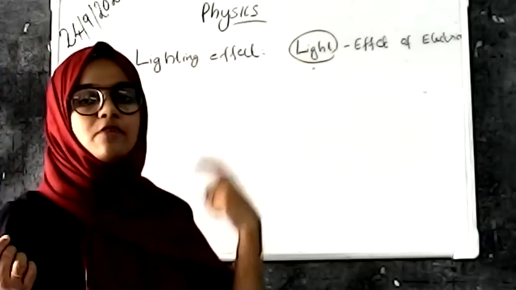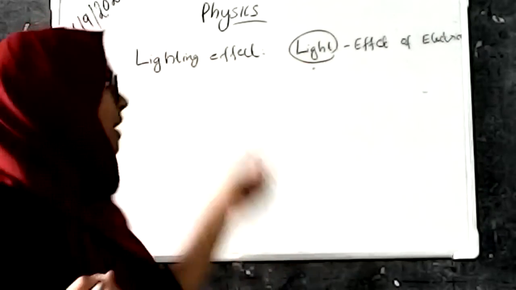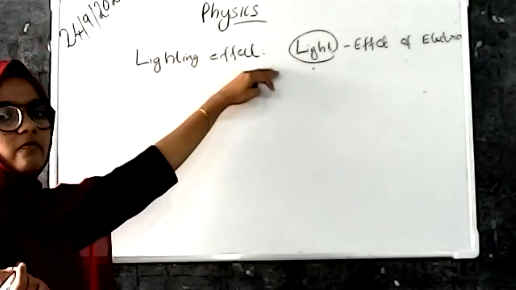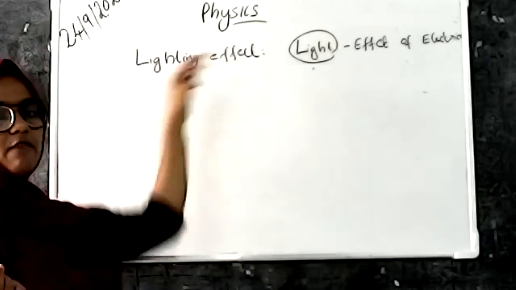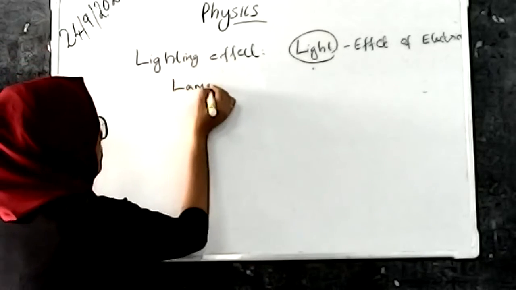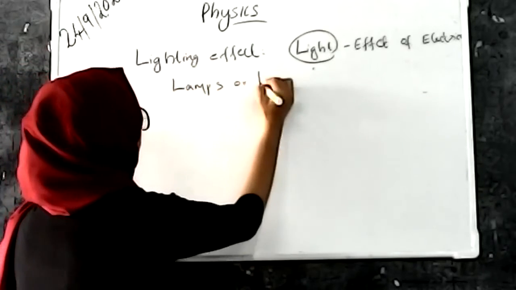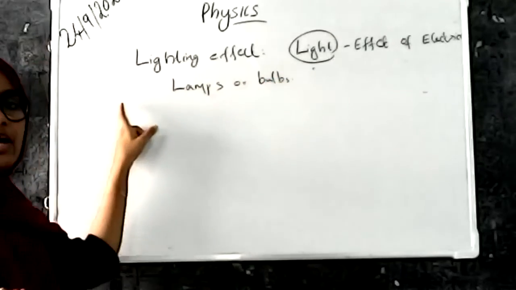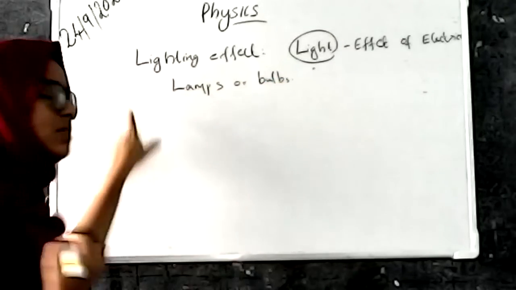Electrical energy is converted to light energy, and the devices working on the basis of the lighting effect are lamps or bulbs. First of all, we will discuss the incandescent lamp.